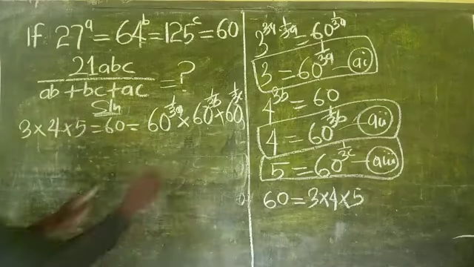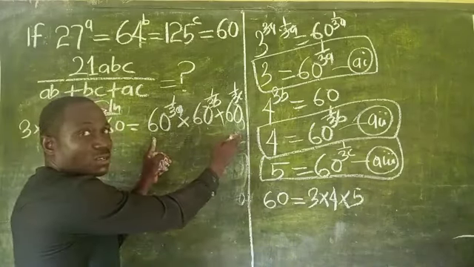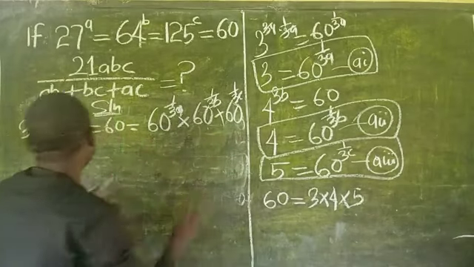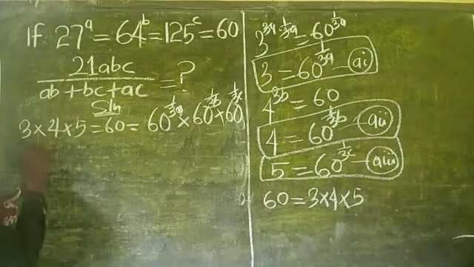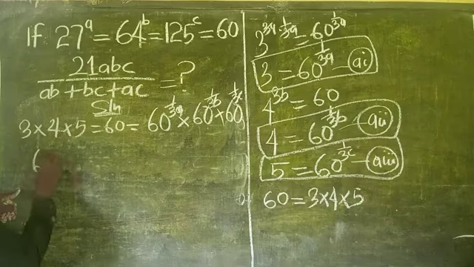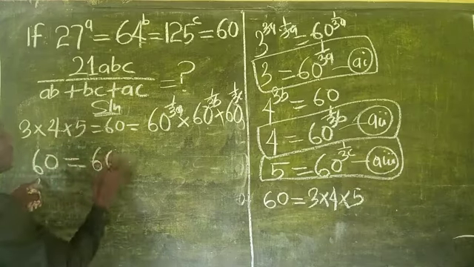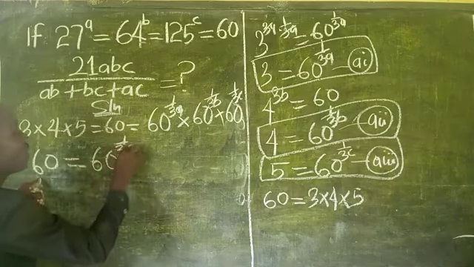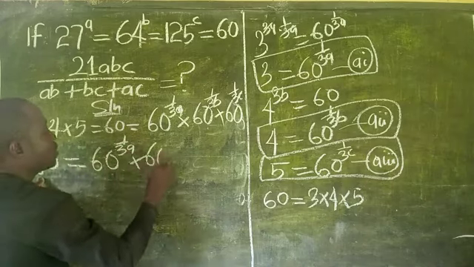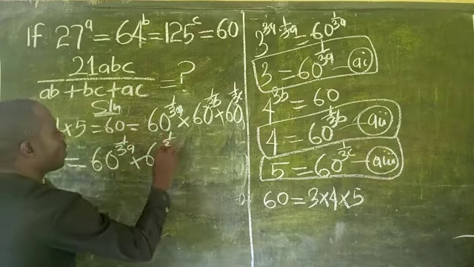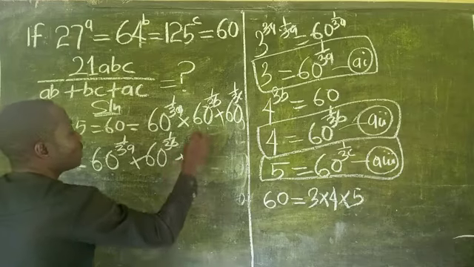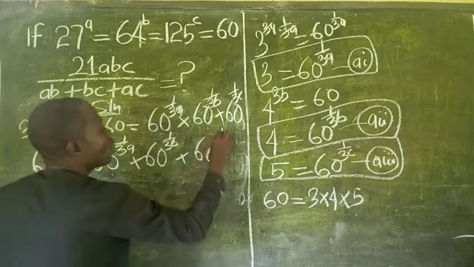So we want to evaluate this closely. So pay close attention. We're going to have 60 equal to 60 raised to power 1 over 3a times 60 raised to power 1 over 3b times 60 raised to power 1 over 3c.